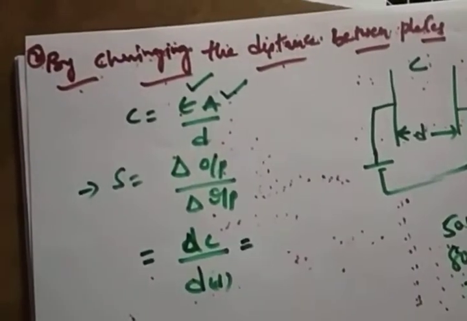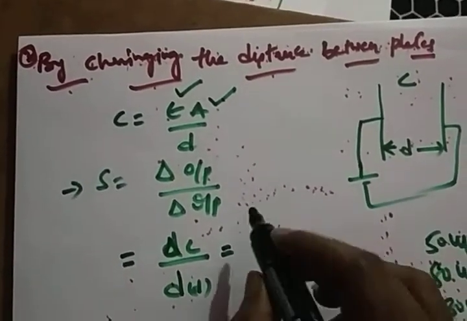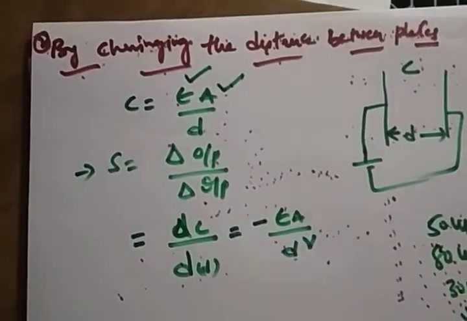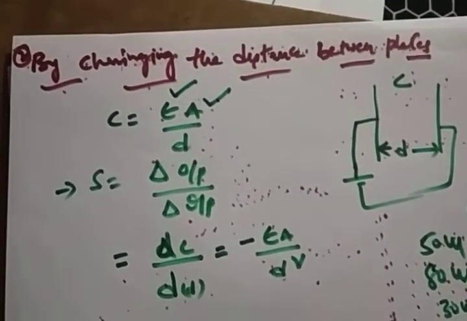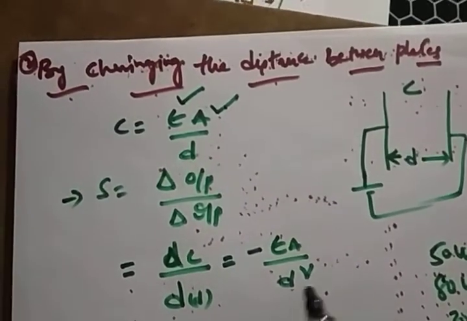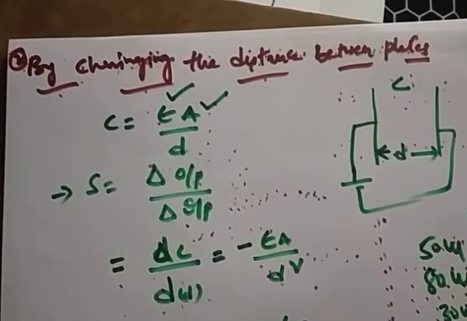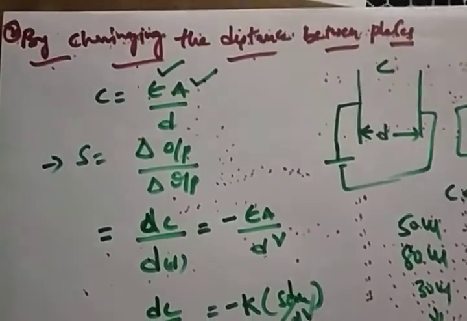So what is the value? Epsilon A by D, if we differentiate by D, 1 by x gives minus 1 by x square, so minus epsilon A by D square. So that means your sensitivity dC by dD is some constant, minus of something, by D square.